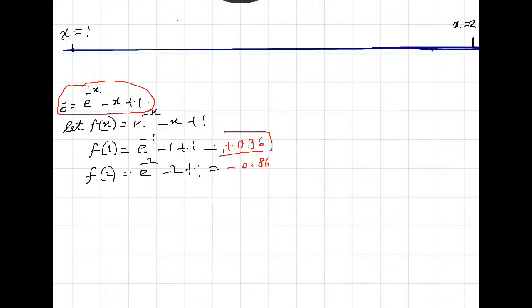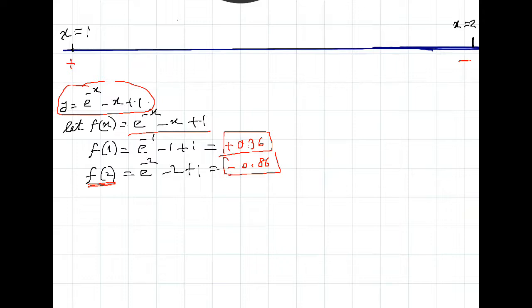You put the 2 in the equation and you find f of 2, which is minus 0.86. So the y value on x equal to 2 is negative, and on the left where x equal to 1, the y value is positive. So we know the root is somewhere in the middle.